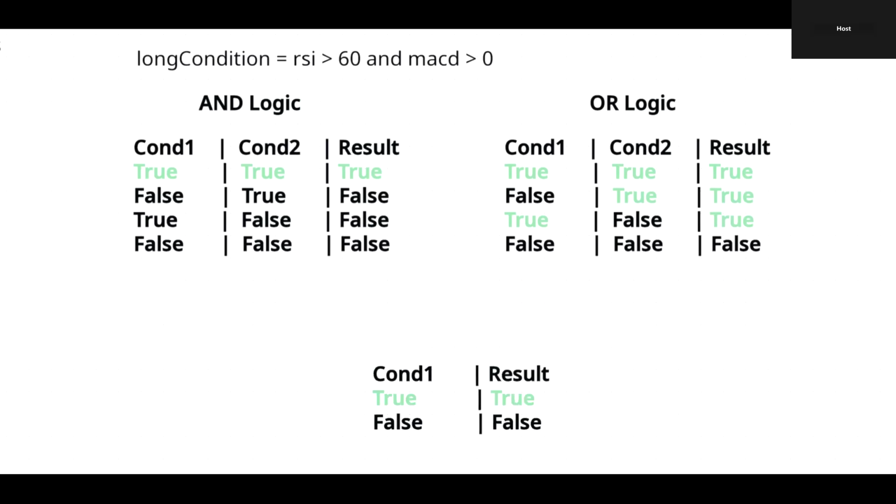The NOT logic just simply toggles the condition. If it is true, it will become false. If it is false, it will become true. That's what happens in this case.